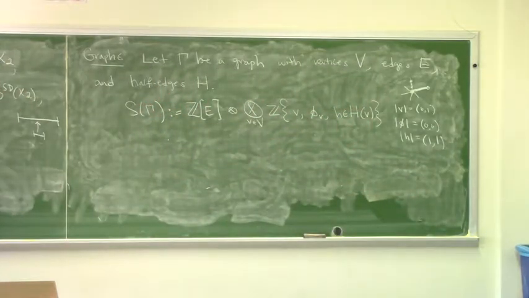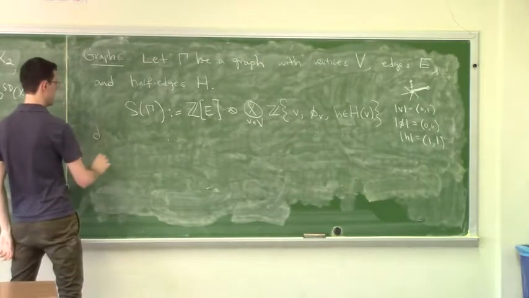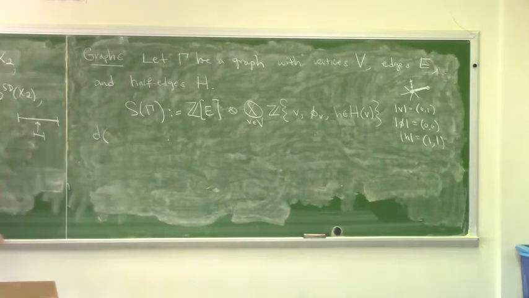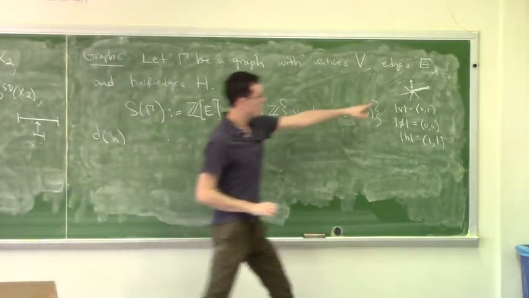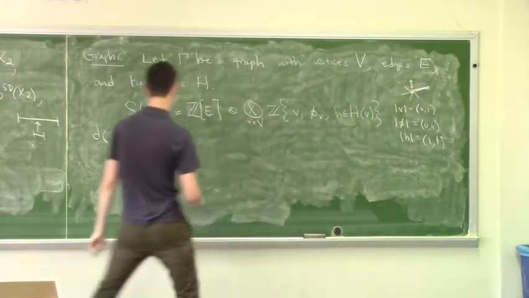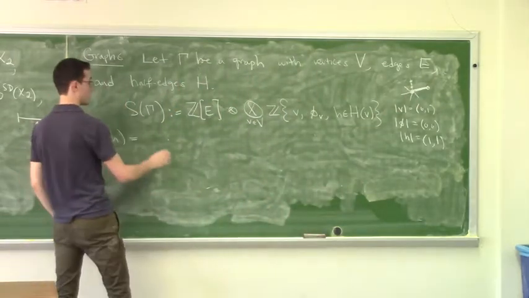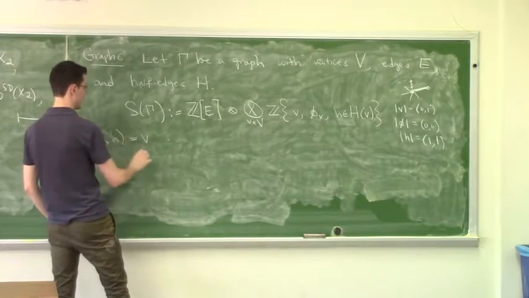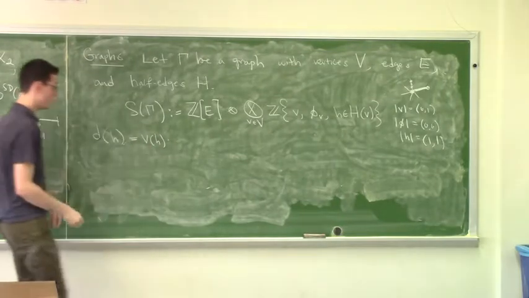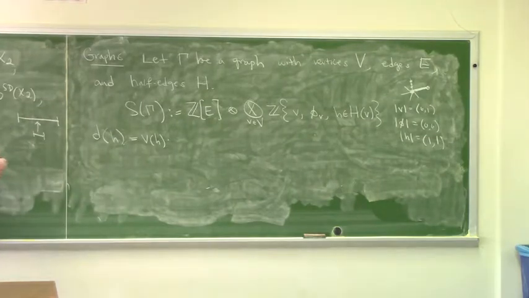Okay, so that's a bigraded abelian group, and it has a differential D, and the differential is determined by saying that D on that half edge just looks like, let me call it V of H. So every half edge has a vertex associated to it.